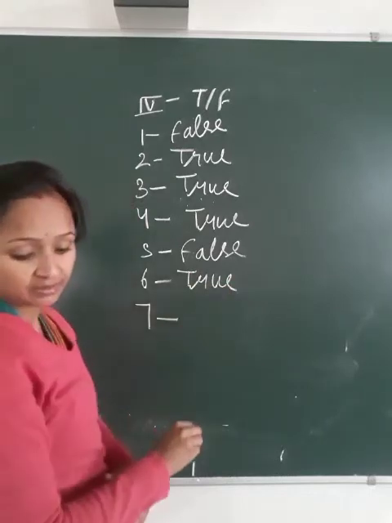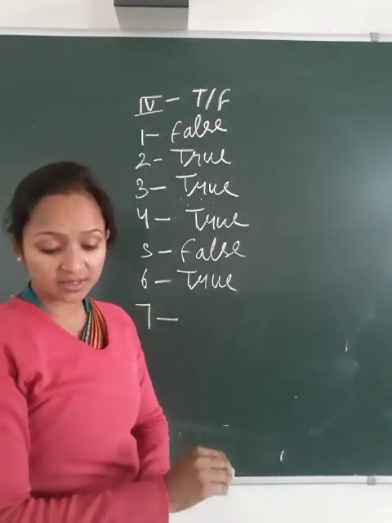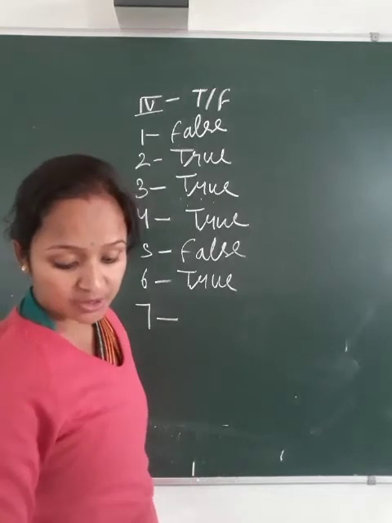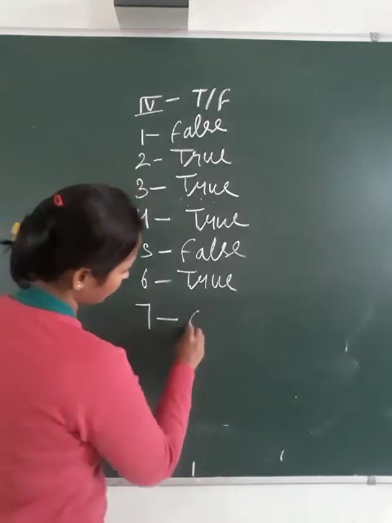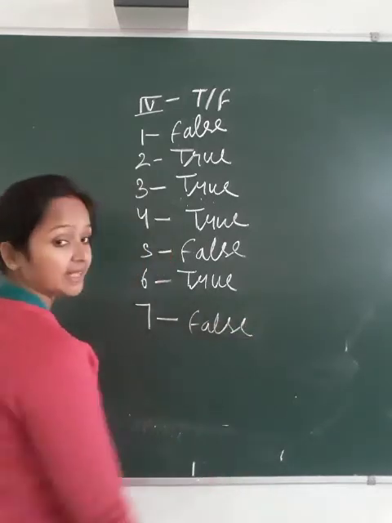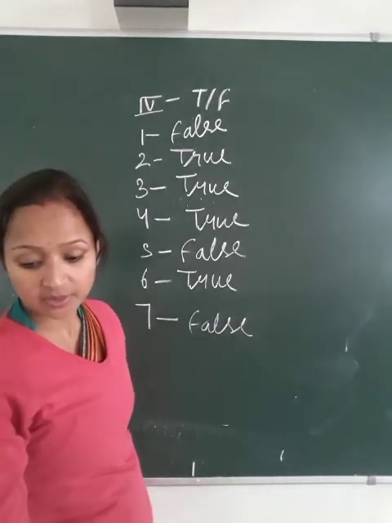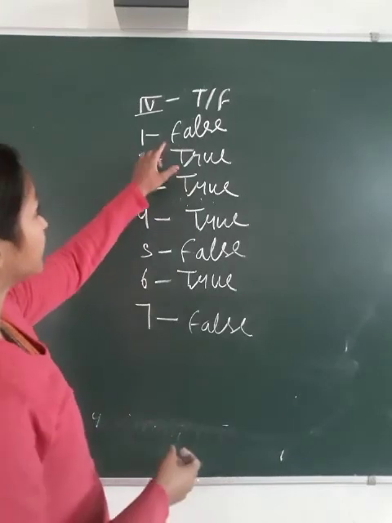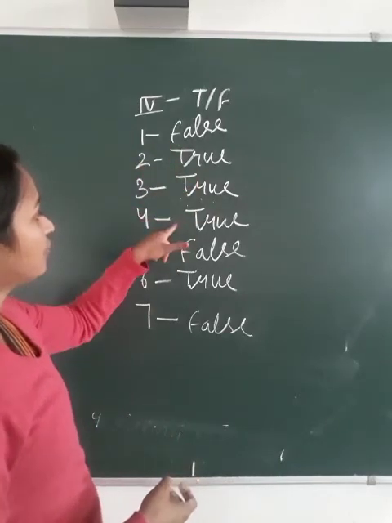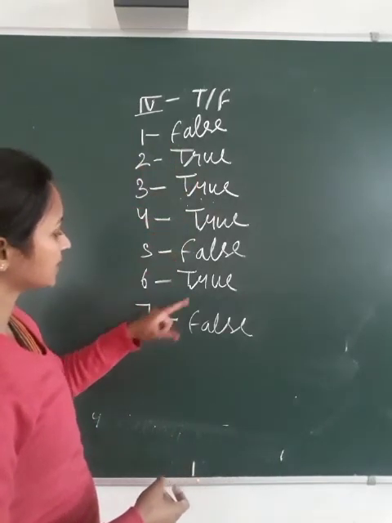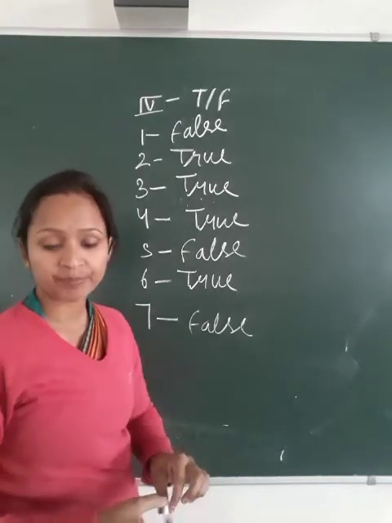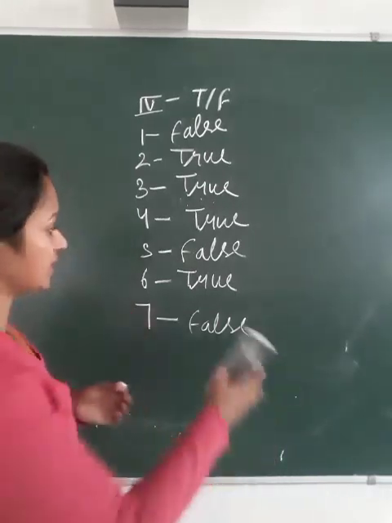And seventh one, during electrolysis the electrolyte undergoes a physical change. That is false. Now the answers: first one false, second one true, third one true, fourth one true, fifth one false, sixth true, seventh one false. And now come to the match the statements.